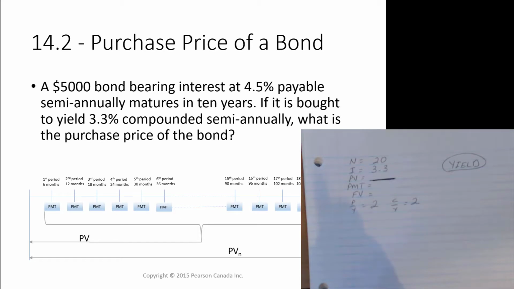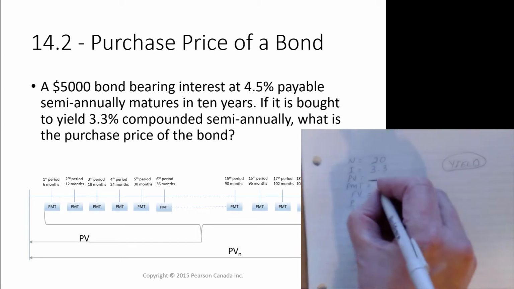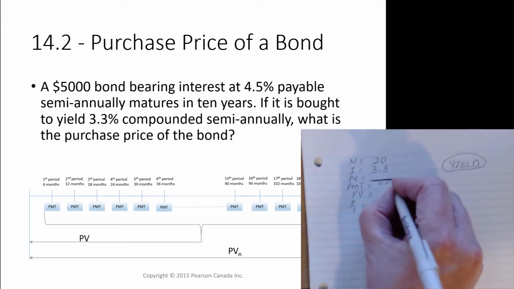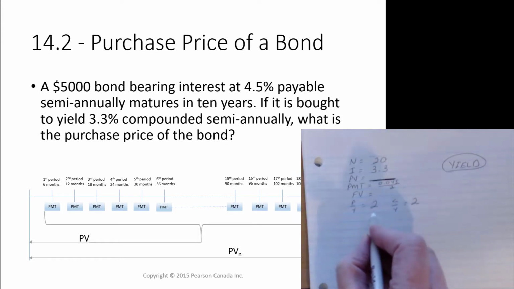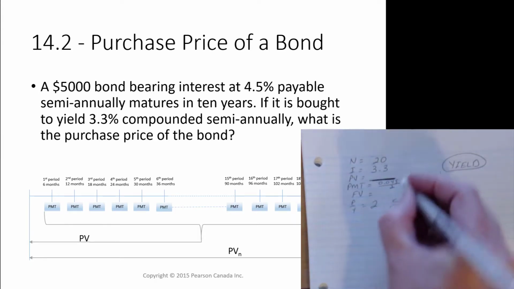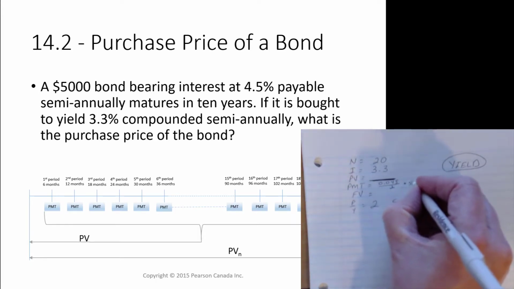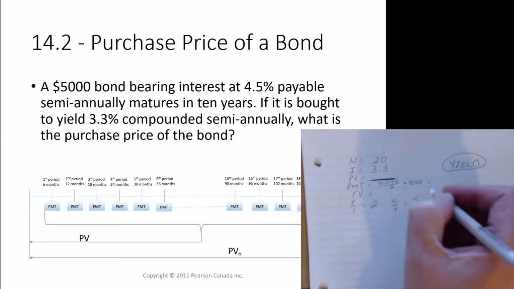The payment is based on the coupon payments. We have a payment of 0.045, that's our interest rate, divided by 2 because there are 2 of these per year, and then multiplied by the $5,000.